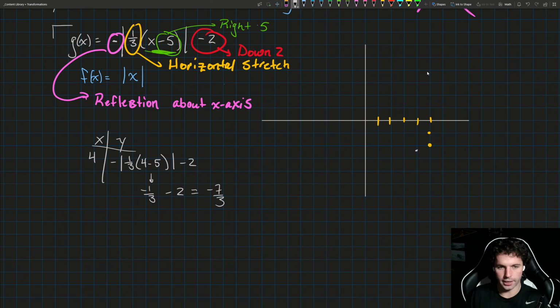So 4, negative 7/3, that'd be the point that we plot. And we should get the same thing over here. So this would be 6, negative 7/3 as well.